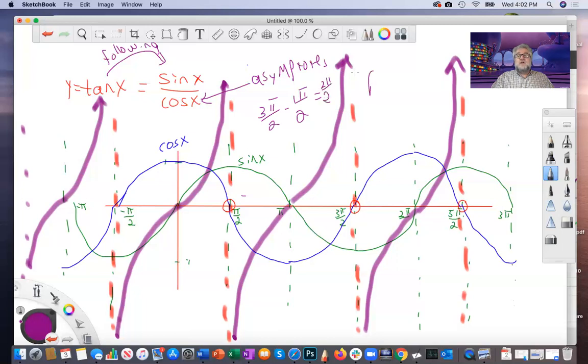So the period of tangent x is pi instead of 2 pi. It's half what sine or cosine is. The period of tangent x is pi.